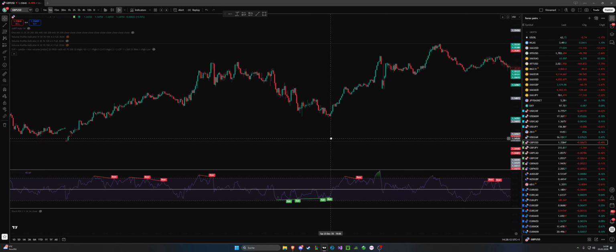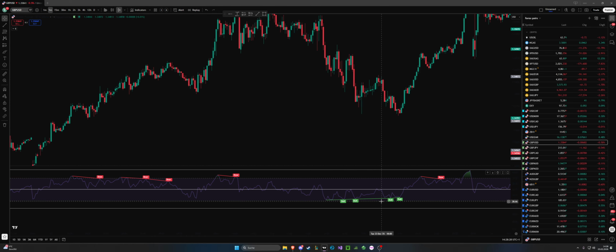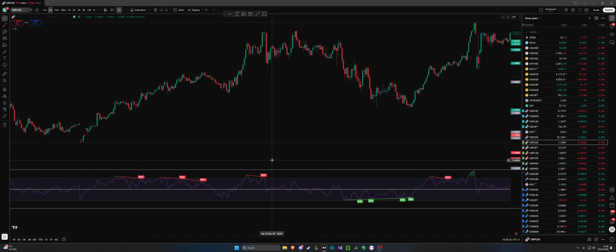What it does is take the closes of each candle and create an average. Most people use the RSI for overbought, like up here, and oversold, down here. When it's oversold, they buy, and when it's overbought, they sell.